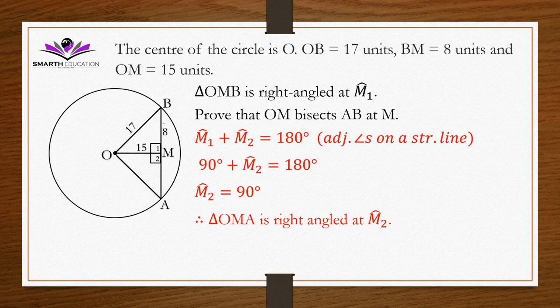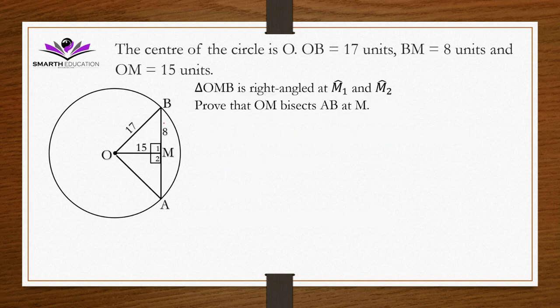So OMA is a right angled triangle. Now, and then we know that OA is equal to OB because they are radii. Okay, they are radii. So it means OA is also 17 units. So now we know triangle OMA is a right angle triangle and OA is 17 units. We can find what? We can find AM. We can find AM.